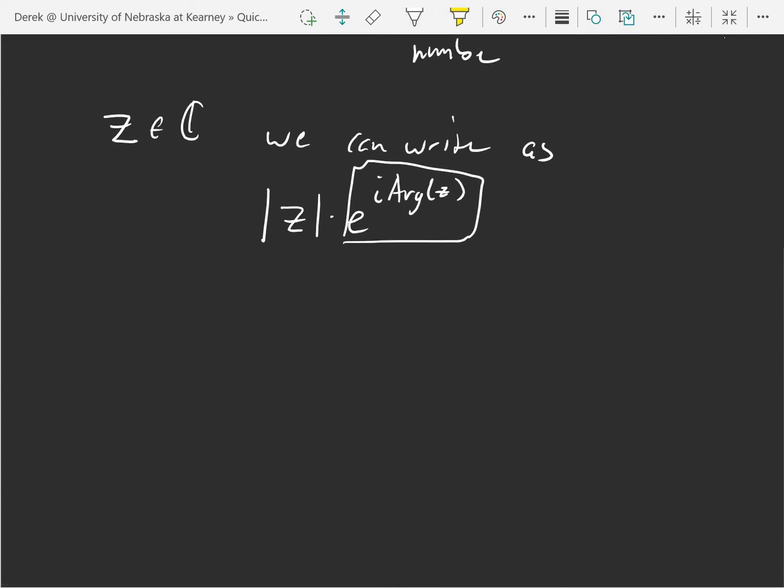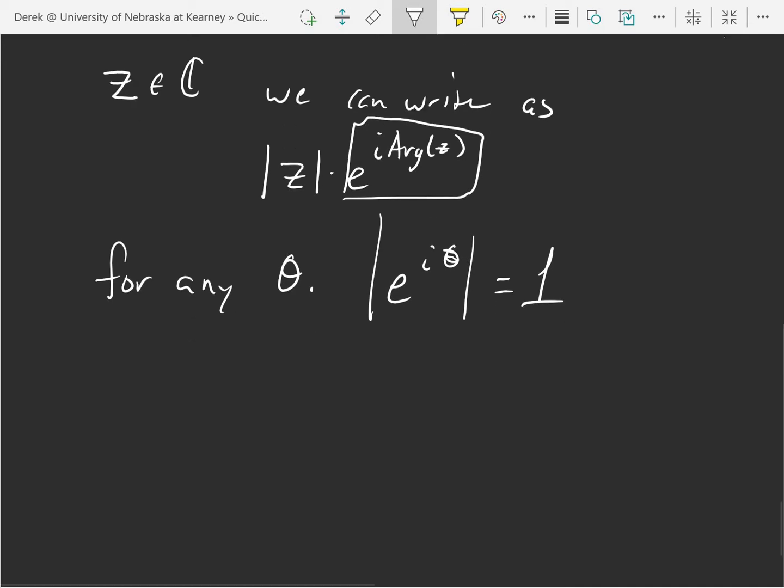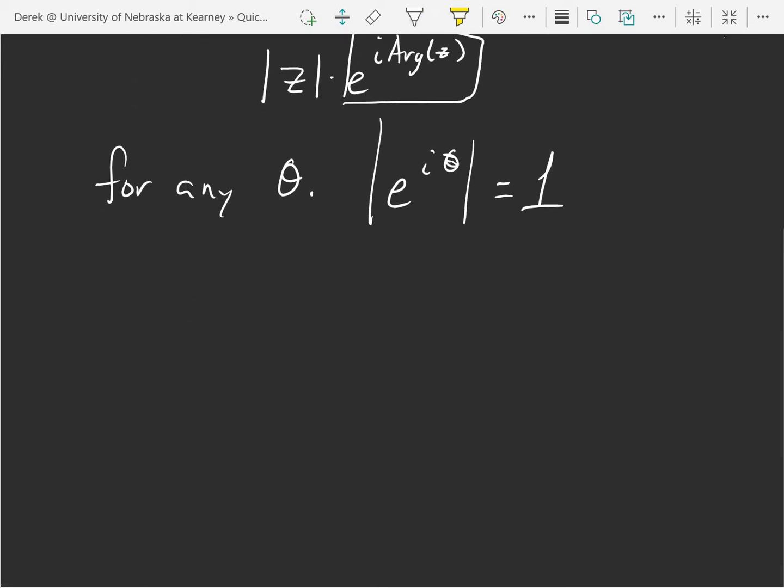So let's look at this. For any theta, e to the i theta in magnitude is equal to 1. Okay. Why is that? Well, let's look at Euler's formula again. So this is sort of a little proposition.